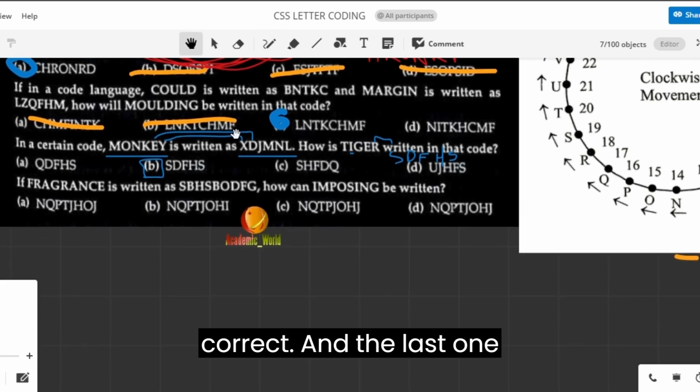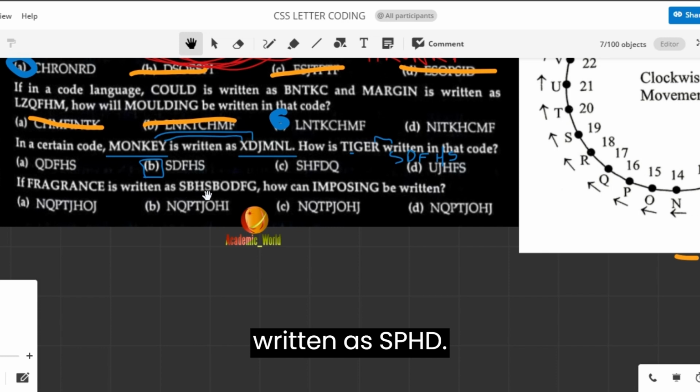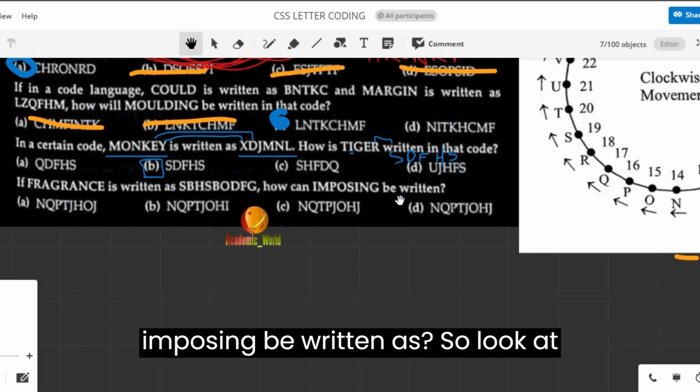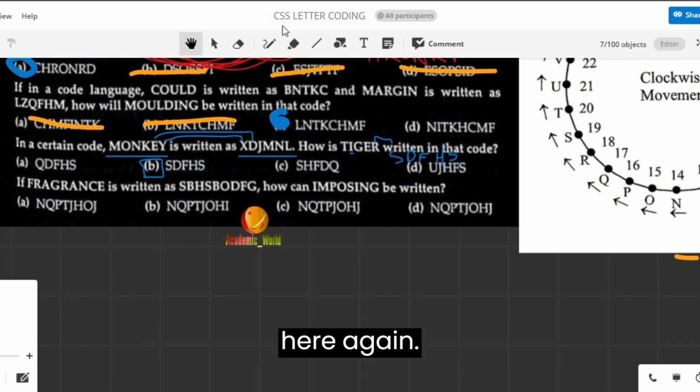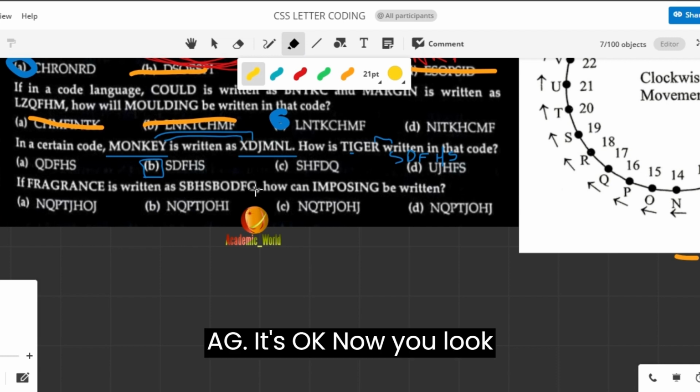And the last one. The example is, if fragments is written as SBHSBODEFG, how can imposing be written? So look here again, F, here is S, R, A, G, it's okay.